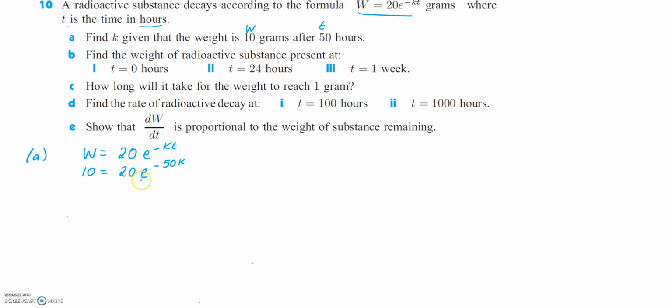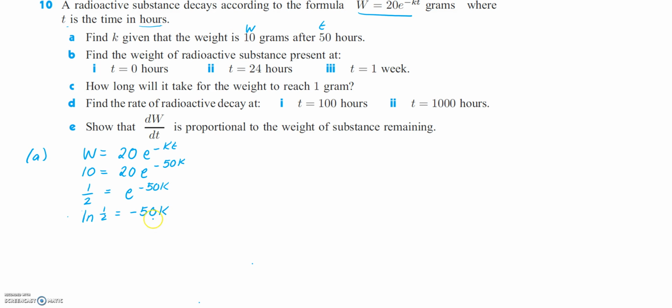We're going to have to get rid of the e by ln-ing eventually, but we must get rid of this times 20 first. So 10 divided by 20, we're left with a half equals e to the minus 50k. We now can ln both sides, so I get ln of a half. That cancels out. I'm left with minus 50k.